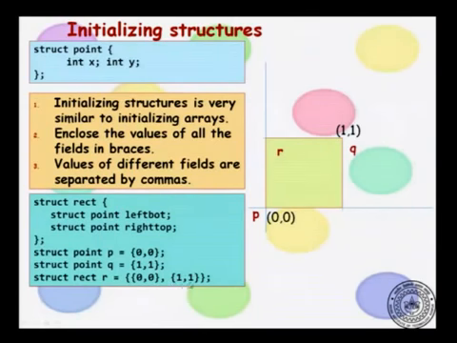Similarly, r's second field, the right top, will get 1 1, so right top dot x will be 1 and right top dot y will be 1 as well. This is how you initialize a structure, and it is very similar to initializing an array. The only thing to remember is that the values must be given in the same order that they are declared in the type declaration.